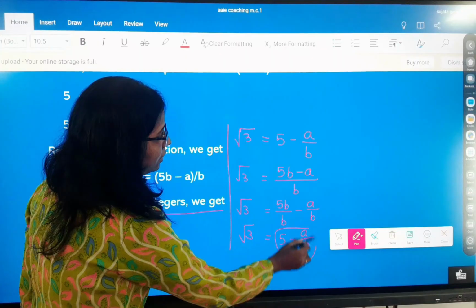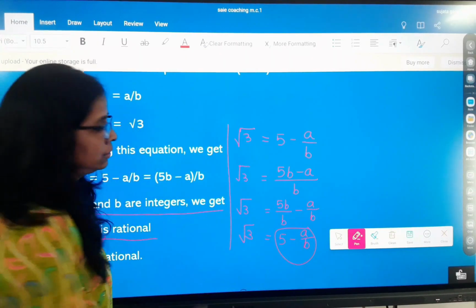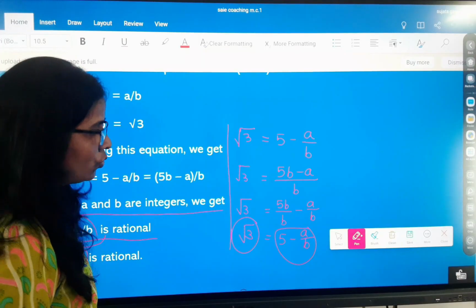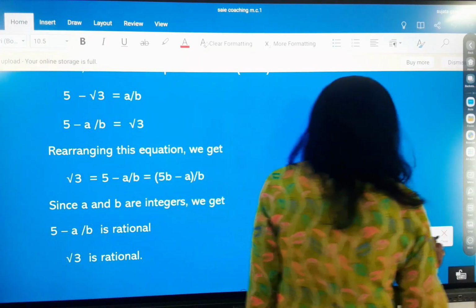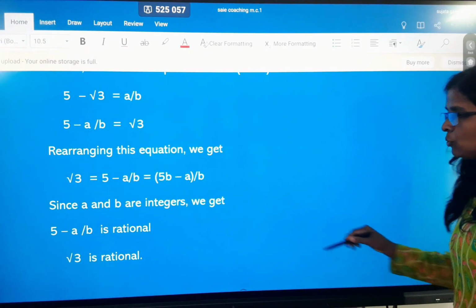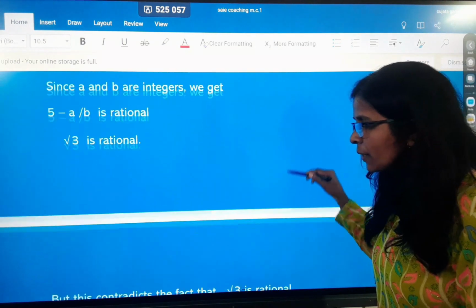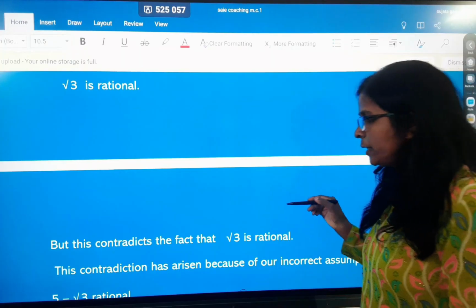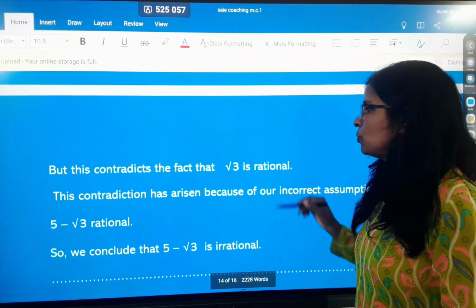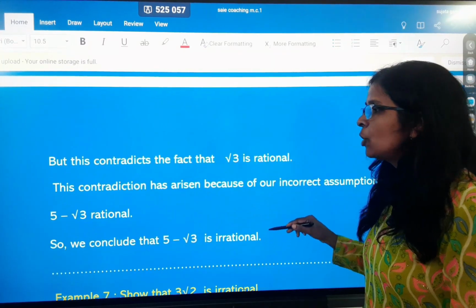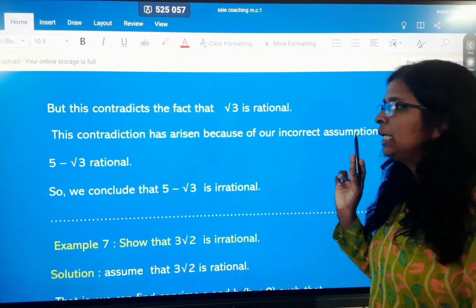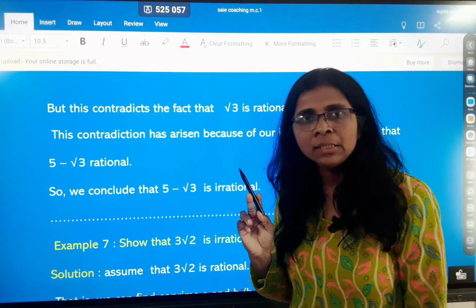As this is a rational number, we get that root 3 is also a rational number. So now here, as root 3 is a rational number, this is a contradiction. So this contradiction has arisen because of our incorrect assumption that 5 minus root 3 is rational.